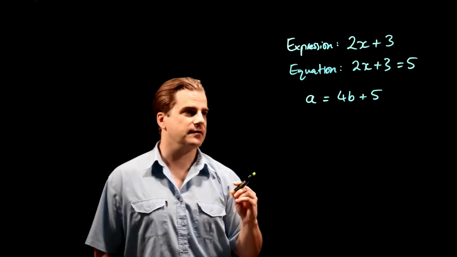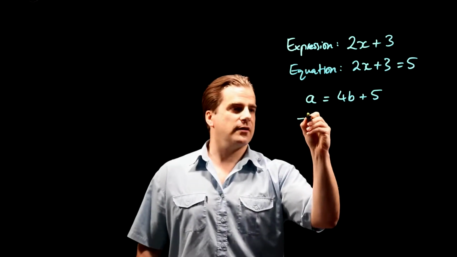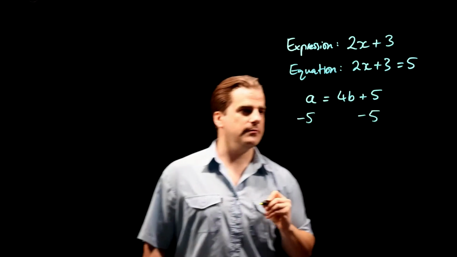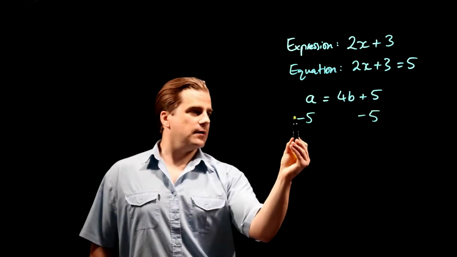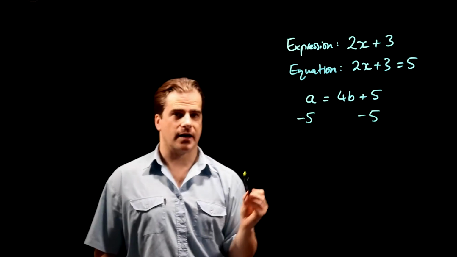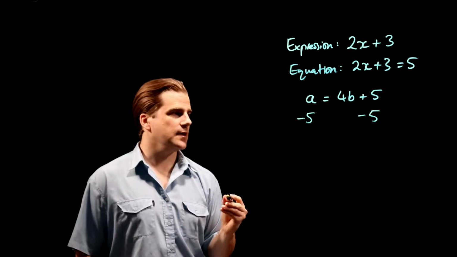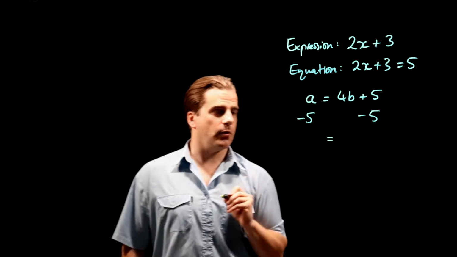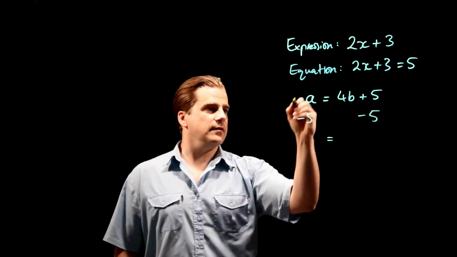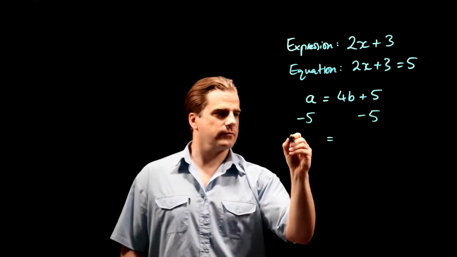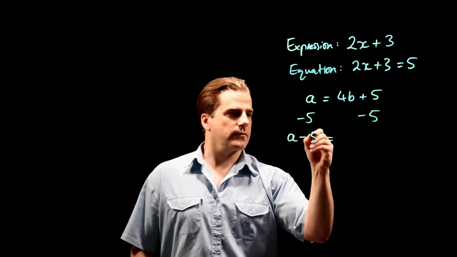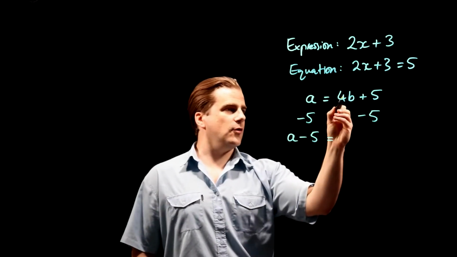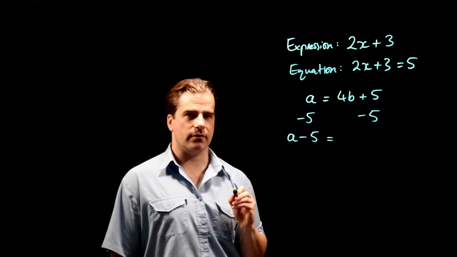So, to make b the subject, I'm going to subtract 5 from both sides like this. Okay? Whatever I've done to that side, I've also done to that side. Okay? So what do we get? Well, on this side, we get a minus 5. Now on this side, we've got 4b plus 5 minus 5.